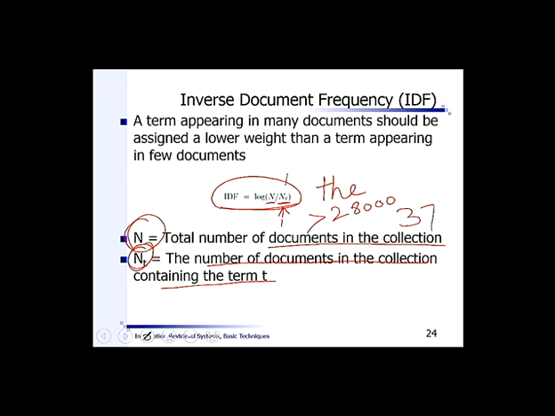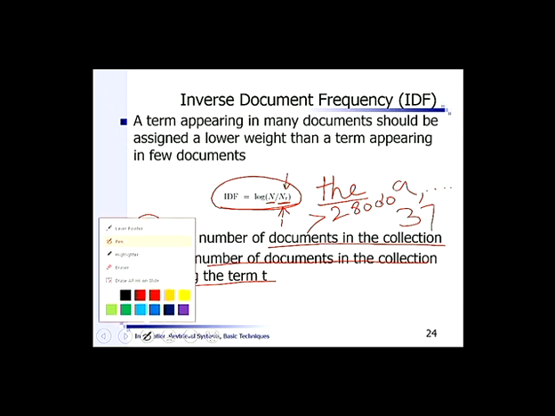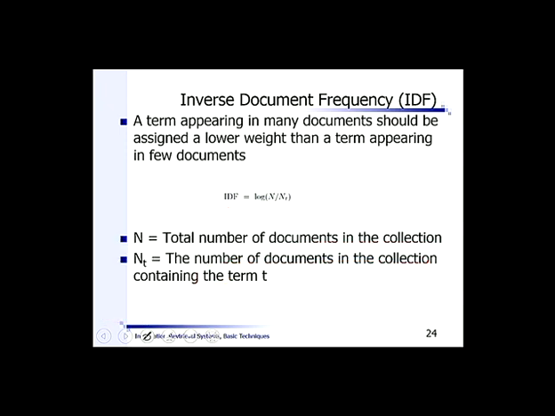So if a term appears in few documents, it will be assigned a higher weight as compared to a term which appears in more documents, which is something like the, am. These terms appear many times, so we assign less weight to them. We discourage the common terms.